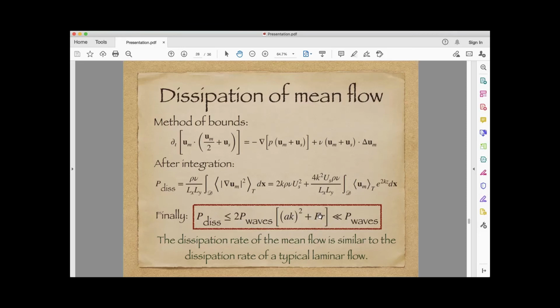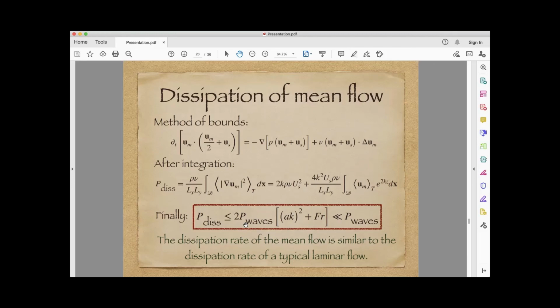So both of these terms are of the order of ak squared, and as I mentioned before, ak is the small parameter, which basically means that the dissipation rate of the mean flow is very much less than the dissipation rate of the waves. So the dissipation of the mean flow is very similar to that of a typical laminar flow: firstly, it has a coefficient proportional to viscosity, and it's much less than the dissipation rate of the wave.